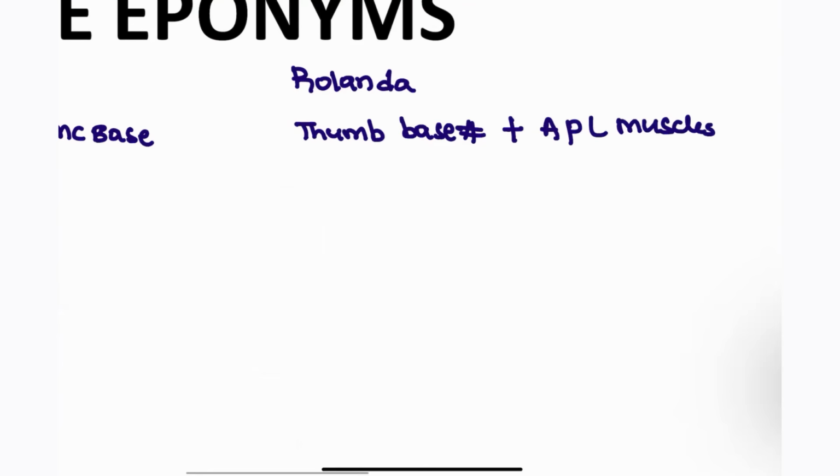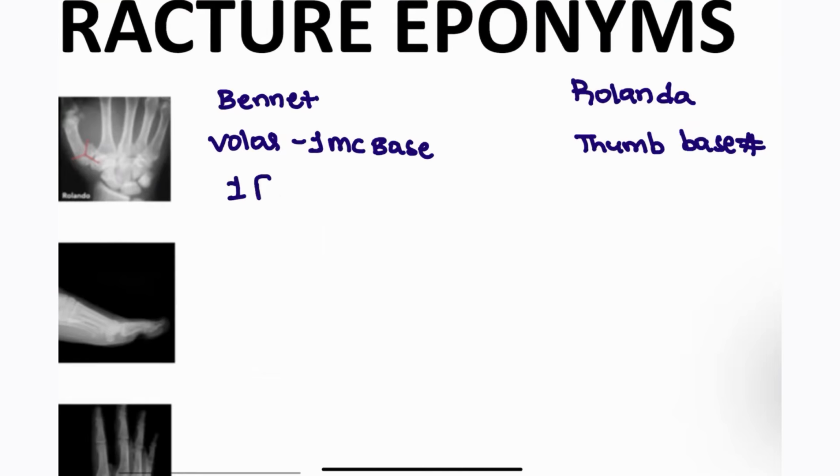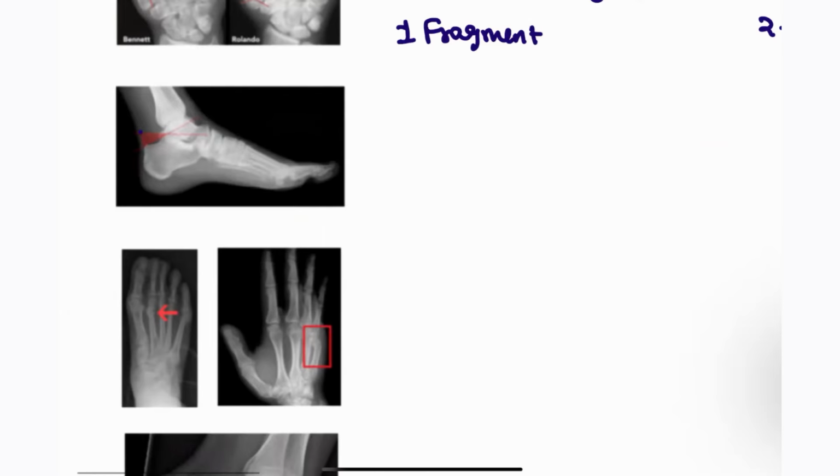There is only one fragment in Bennett, while 2 to 3 fragments will be seen in Rolando.